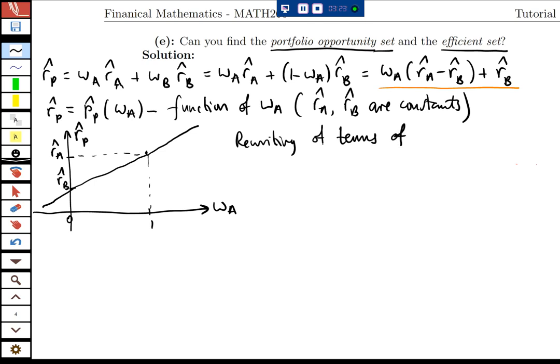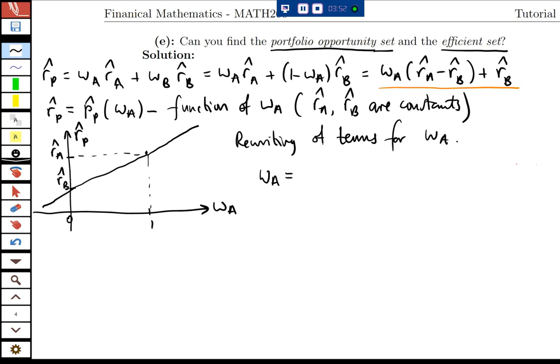This is going to help us find the opportunity set because the portfolio variance contains omega A, omega B. Okay, so some simple rearrangements.